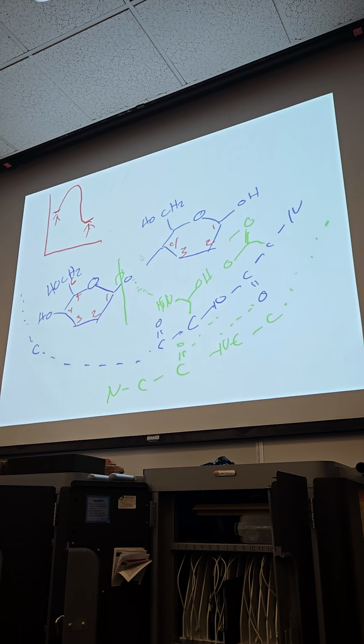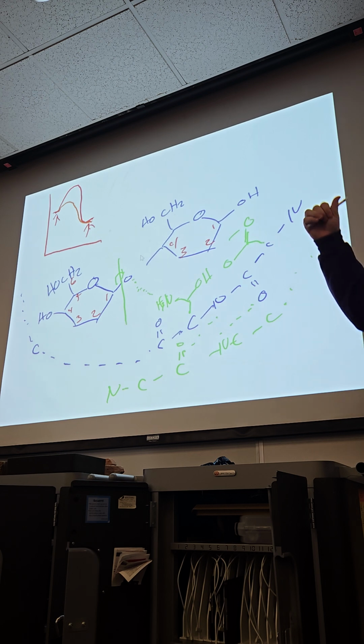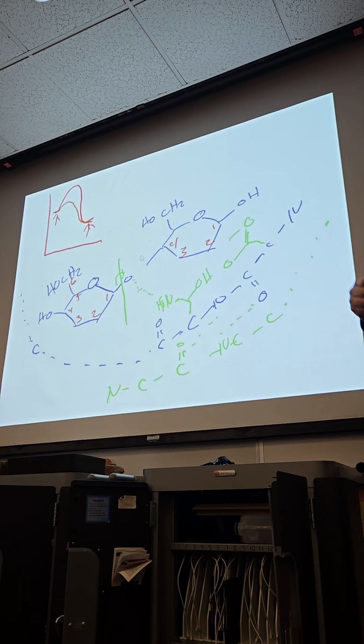But this enzyme, because it's so big, will take the load of that energy and make it more favorable. So what we're going to end up doing is lowering this down so it's like that. And all that does is it speeds the reaction up. It makes it go faster because we're holding it in place. Does that make sense? Okay.